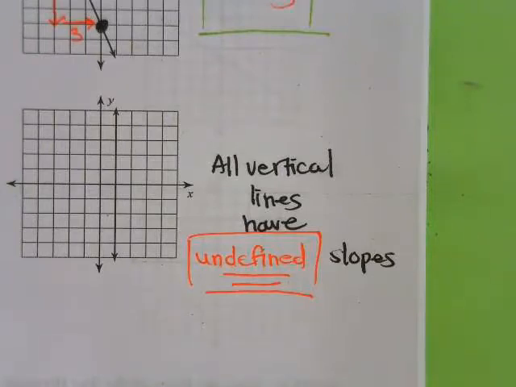We can't give it a number. We'll prove it next class. It's not even 0. It's not even -1. It's not pi. It's not e. Even calculus can't do it. There's no number that we can give a vertical line for the slope.